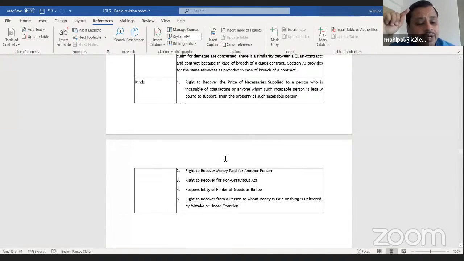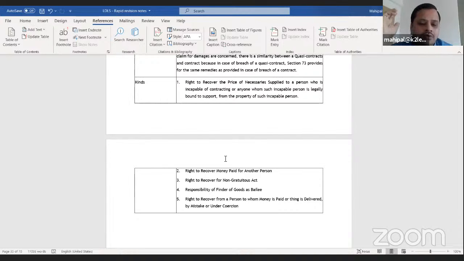Number one, right to recover the necessary supply to a minor person. Number two, right to recover money paid on behalf of the other person in which he is interested. Right to recover for non-gratuitous act. Finder of lost goods who is generally treated as a bailee. And right to recover money from a person to whom he has wrongfully delivered the goods by mistake or under coercion.